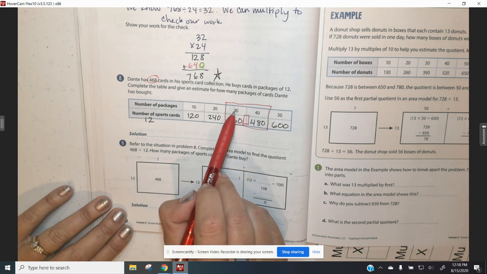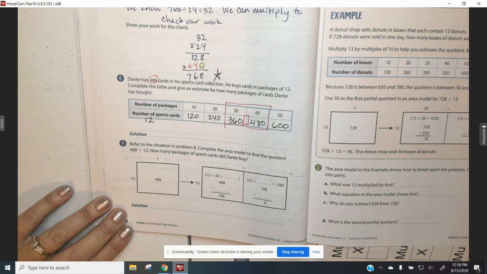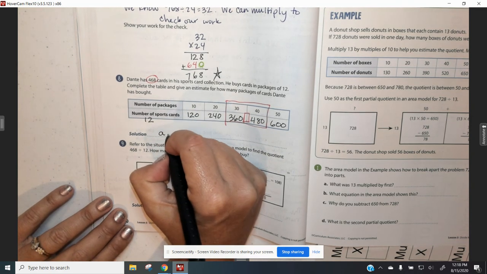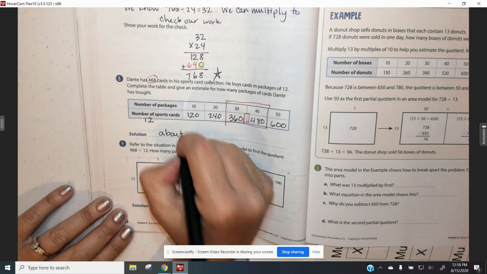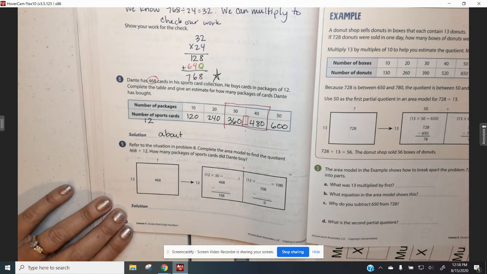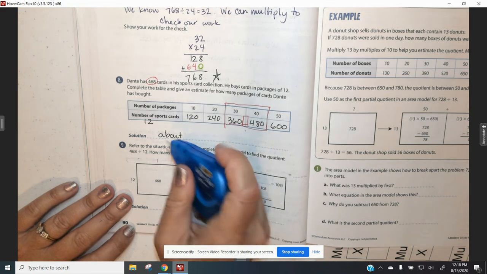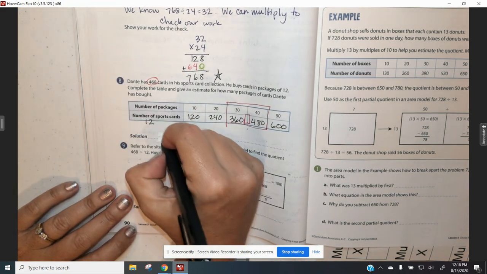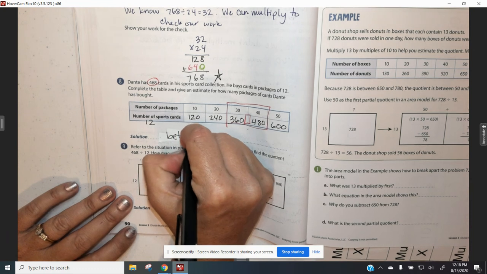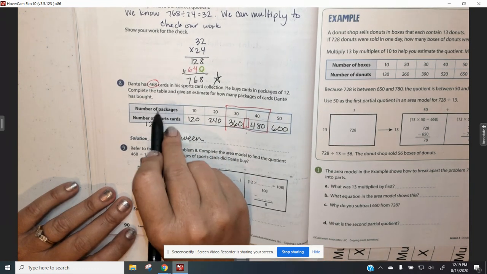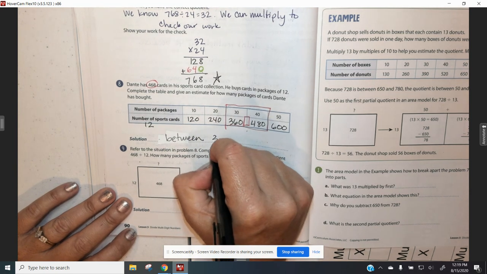So now we need to know about how many packages we would need of sports cards. I'm going to say between. I like between better. So we would need between 30 and 40 packages.